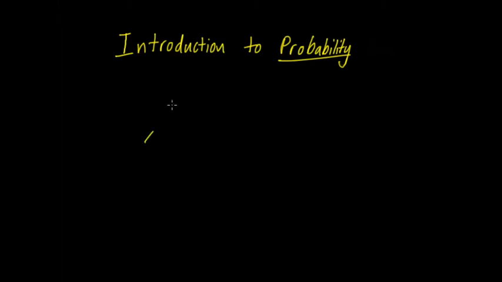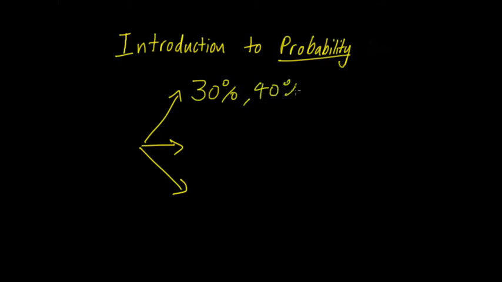Now, there are three ways we can talk about probability. In everyday conversation, people normally use percentages, so 30%, 40%, etc. However, what we are going to use mainly in maths are decimals and fractions. But they're the same.